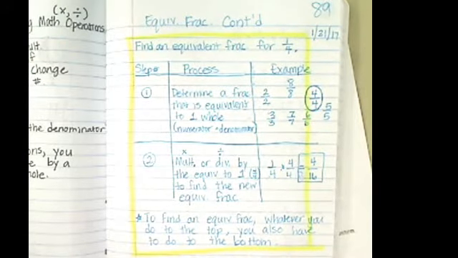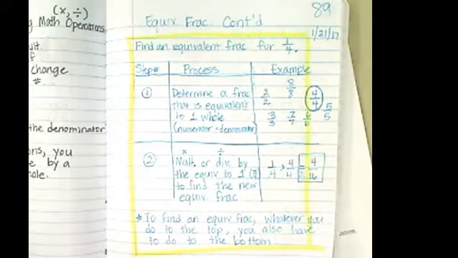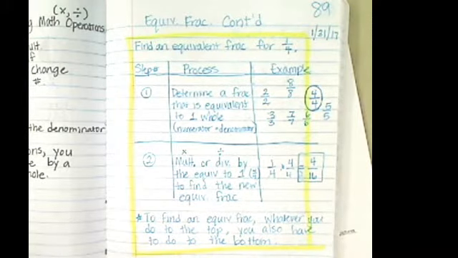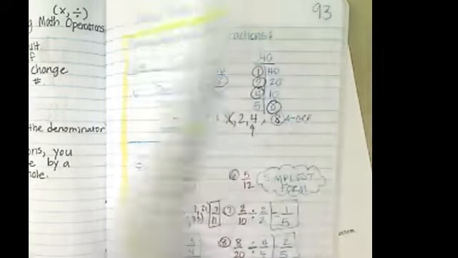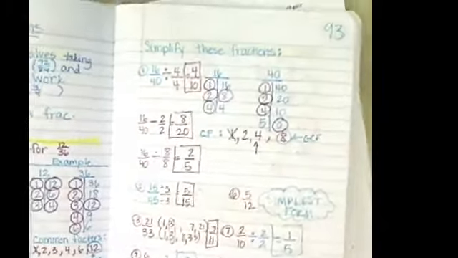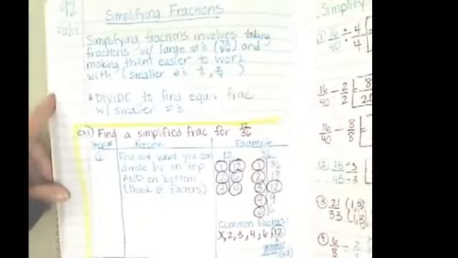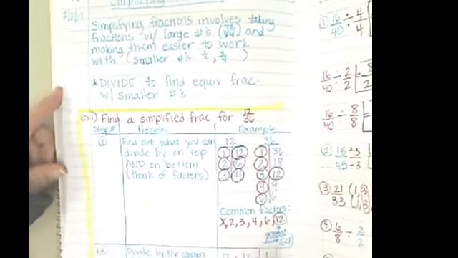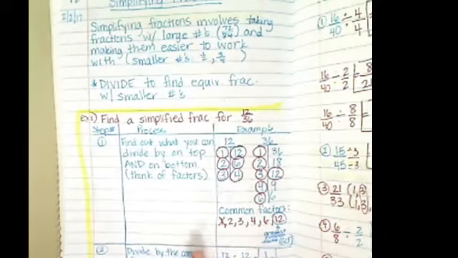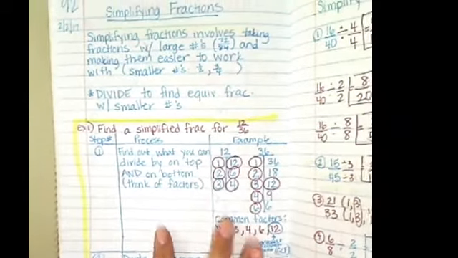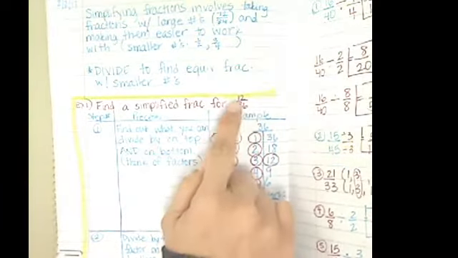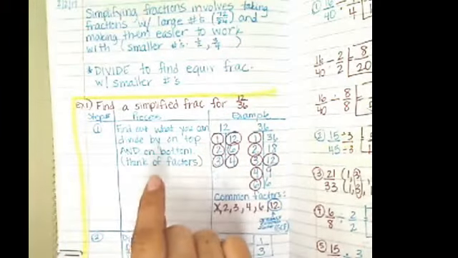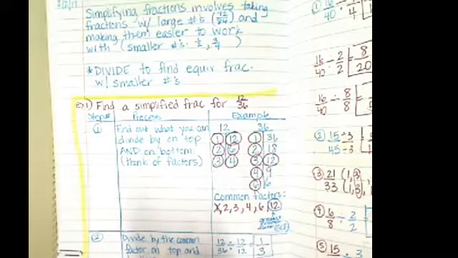So multiplication is definitely a lot easier than division because you can multiply any number by a number that you choose. But as far as division goes, not everything can be divided evenly by any number that you choose. So when we get to simplifying fractions, you have to know the factors of both the numerator and the denominator so that you can pick the factor that's the same.